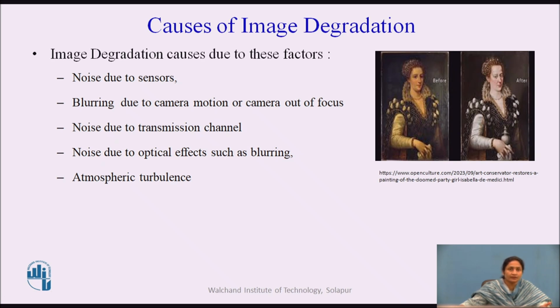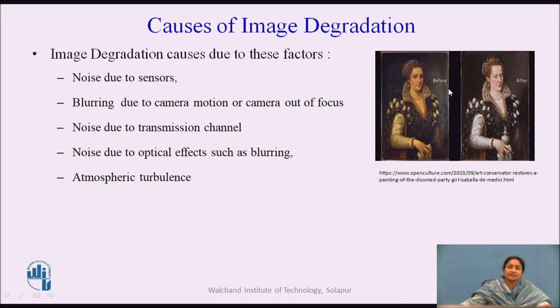Noise can also be due to transmission in the transmission channel because of interference, or due to optical effects which cause blurring in the images, or due to atmospheric turbulence which occurs during image capturing in different environmental conditions.